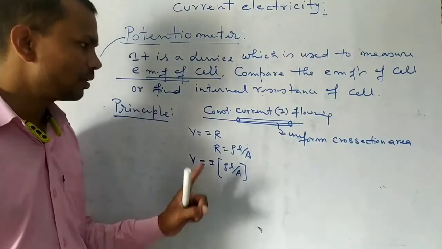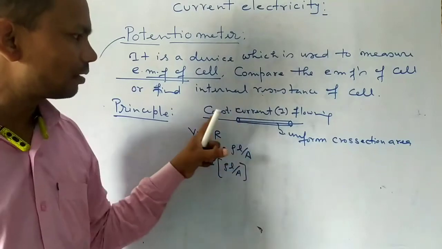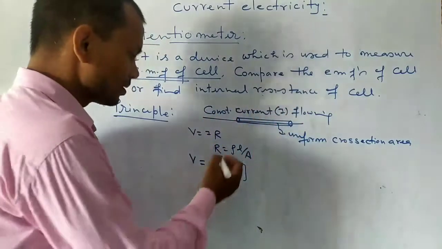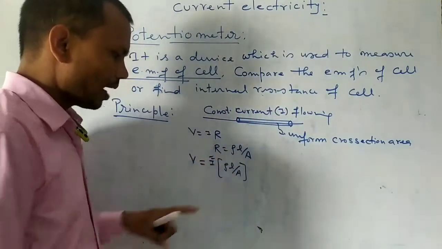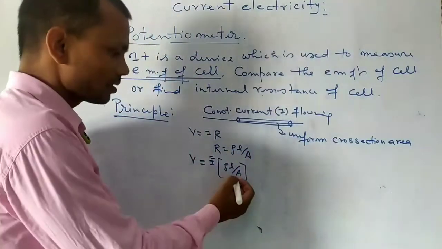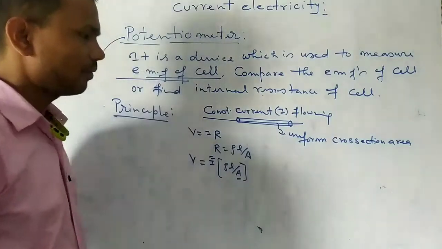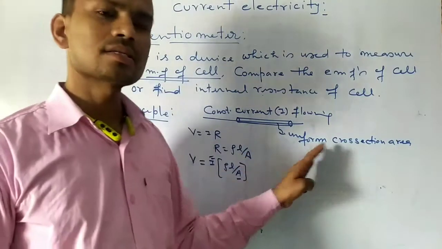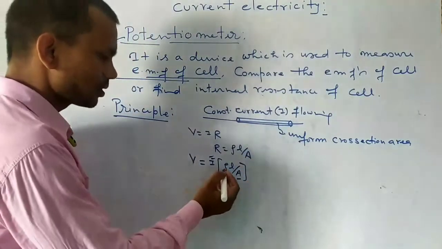So here you have to see, when constant current is flowing, this is a constant, and uniform cross sectional area means this is also constant, and for a given material the resistivity is also constant.